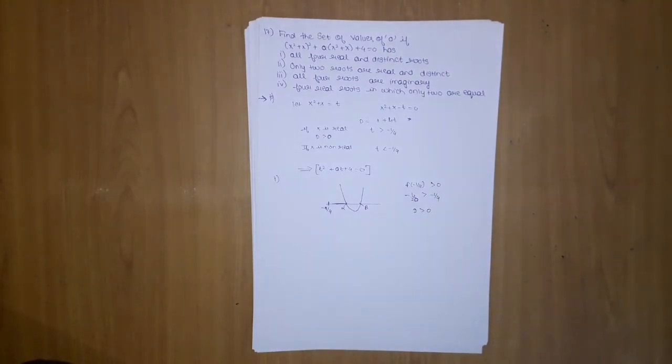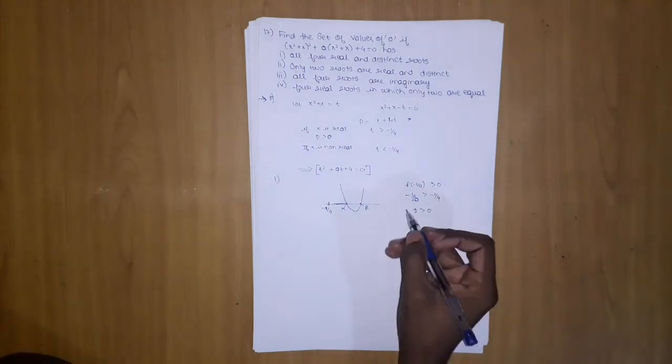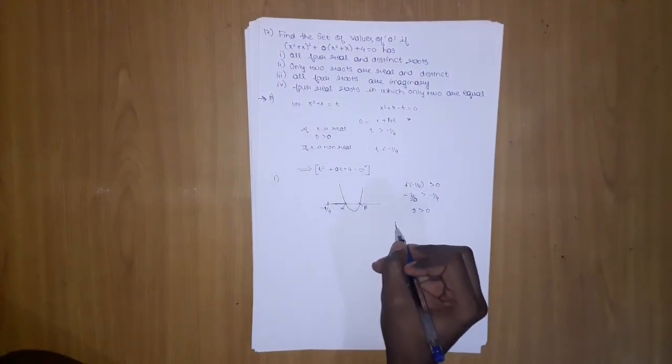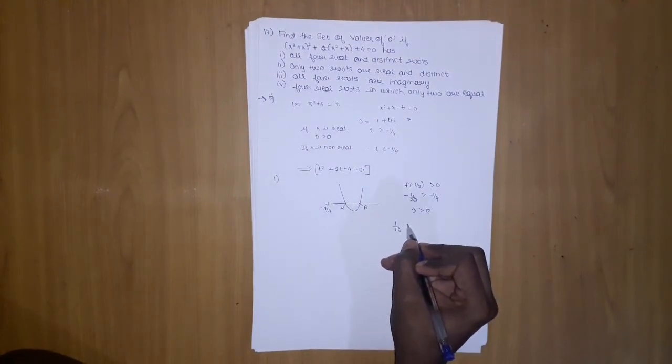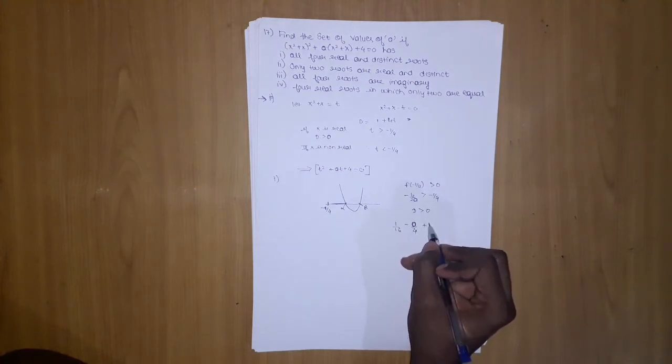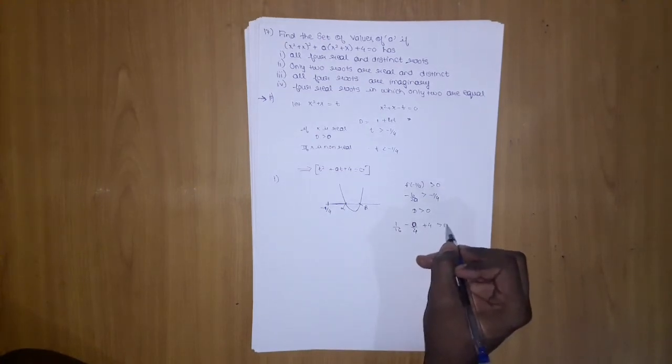These are all the conditions we have to apply. Now let's do this. When we put minus 1 by 4 here, what are we getting? 1 by 16 minus a by 4 plus 4, which should be greater than 0.